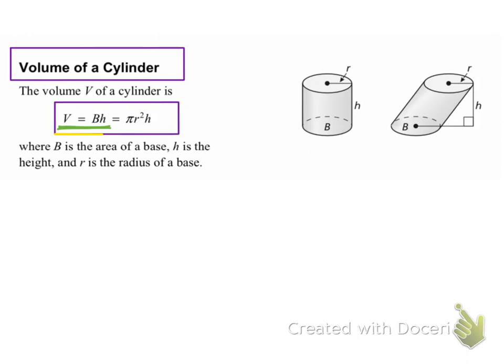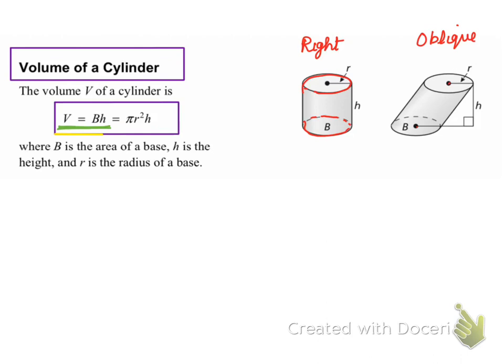You can see that's a circular base. Top and bottom are identical shapes, and this is the right cylinder, and that's an oblique one because it's tilted. You can see the centers are not aligned on top of each other.